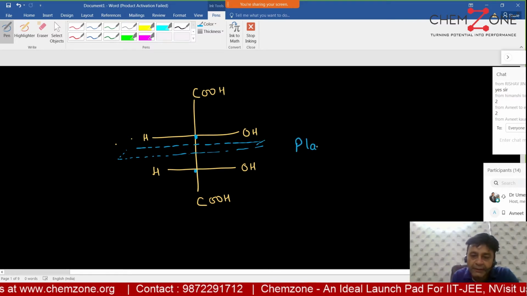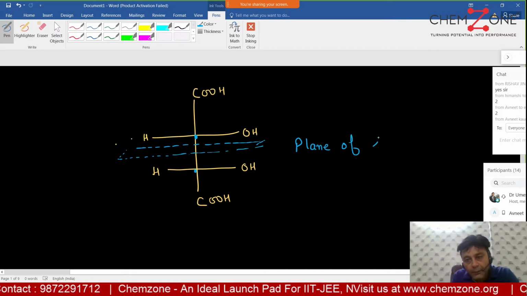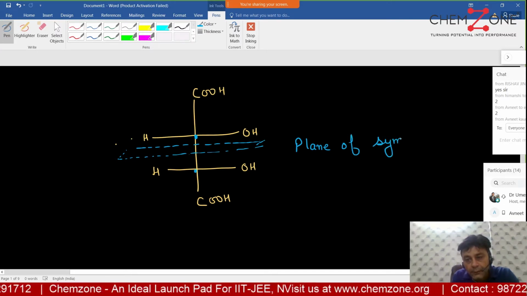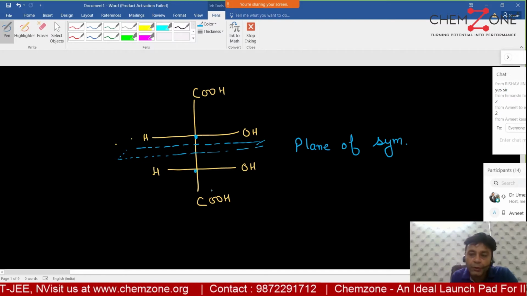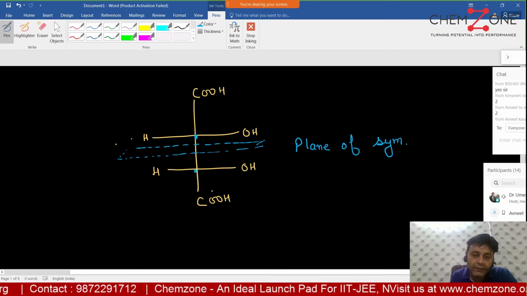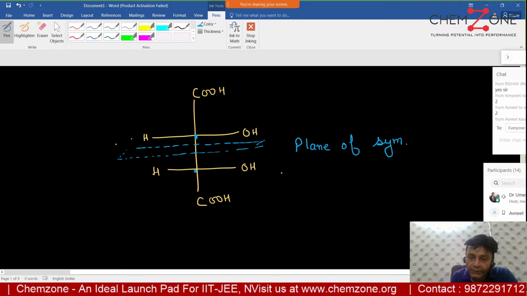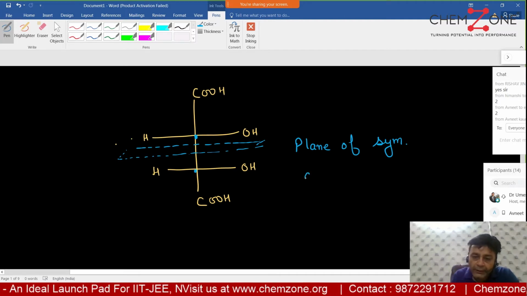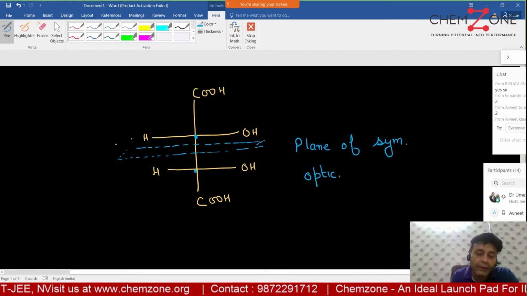It can be divided into two equal parts. The necessary condition for a compound to be optically active is dissymmetry. And here we find dissymmetry. Here you find symmetry. Plane of symmetry is there. So this compound is optically inactive even though it has two chiral carbon atoms.